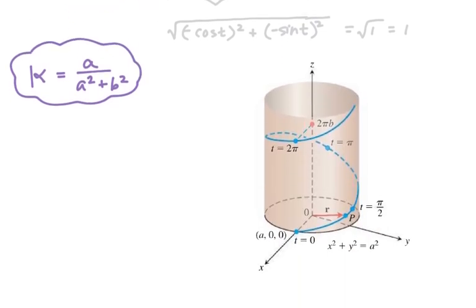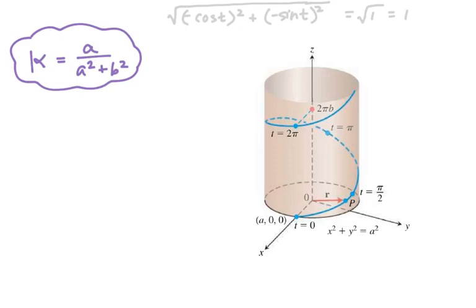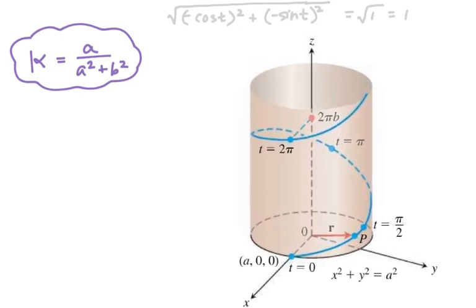So I've brought in here the picture, which really represents this helix shape that we're talking about. And our curvature is a variable equation based off the a's and the b's that were coefficients in our position vector function.